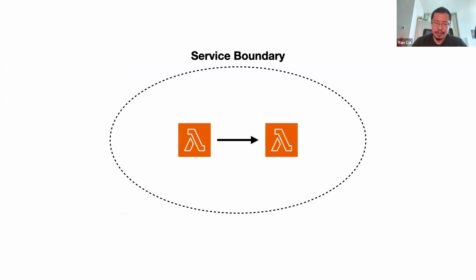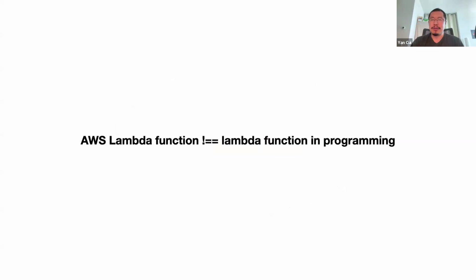If you're doing that across, say, two functions within the same service, then oftentimes I find that this is a misunderstanding, or people trying to push single responsibility too far, or maybe confusing Lambda functions as an infrastructure concept versus functions in a programming language, and trying to break things down too fine, both at the code level but also at the infrastructure level. But you can have modularity just exist in the code.